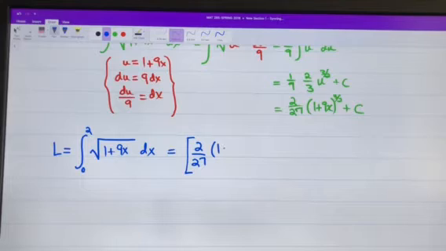Again, I have the square root of 1 plus 9x dx. We already had the antiderivative stored. So I have 2/27 of the quantity of 1 plus 9x raised to the 3 halves, once again as x goes from 0 to 2.